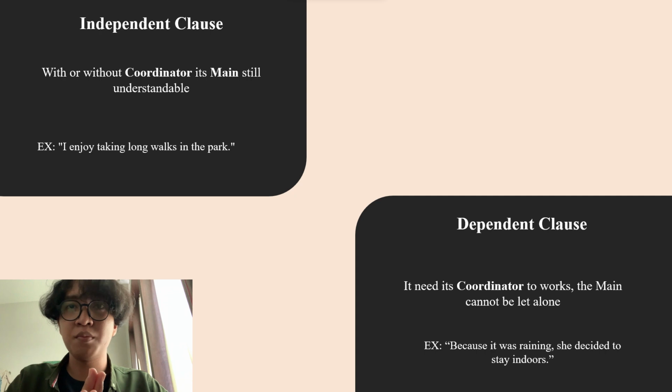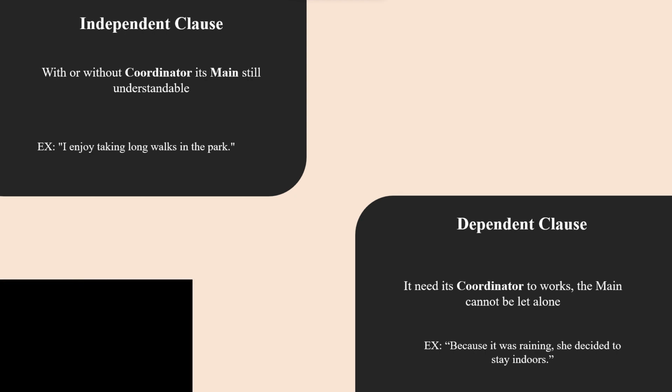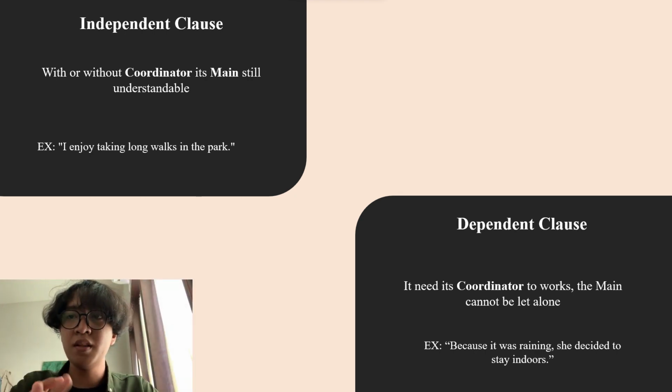I'll give you an example. For the independent clause, there's "I enjoy taking long walks in the park." That's it, you can quite understand it. But on the other hand, the dependent clause says, "Because it was raining, she decided to stay indoors."